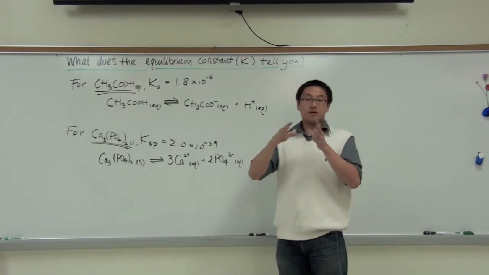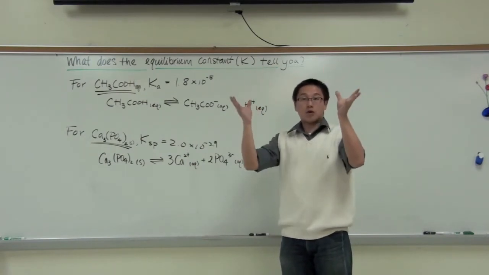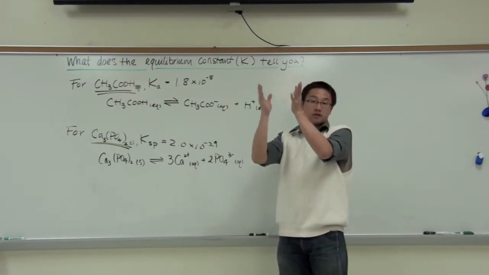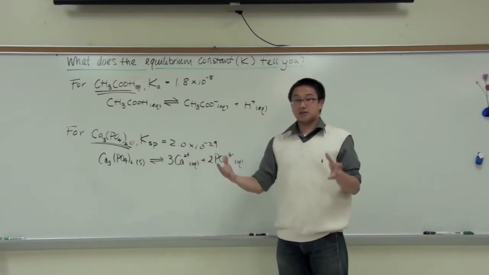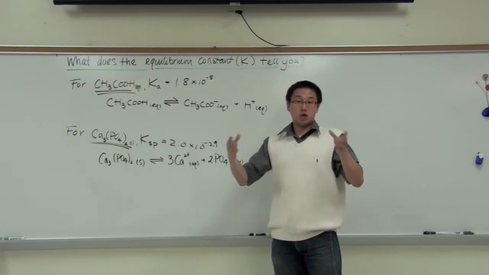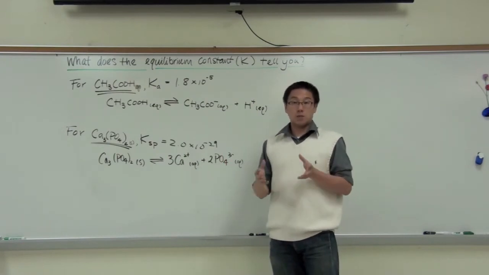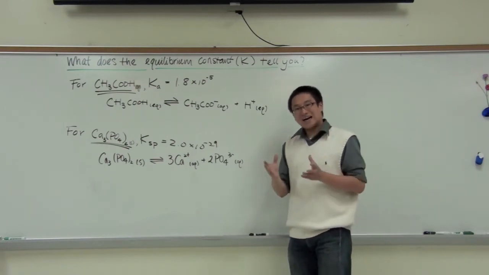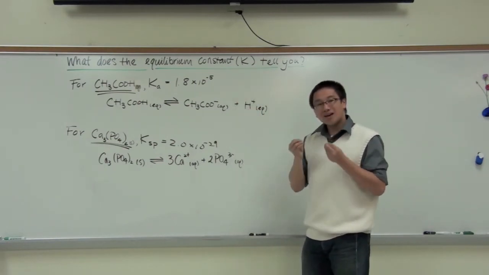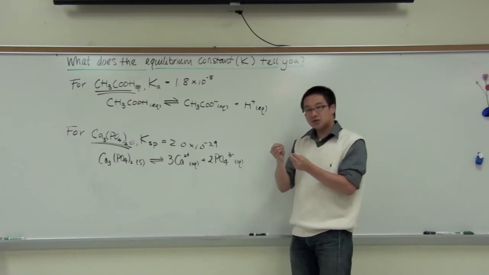If you think the other way, if the numerator, which is the product concentration, is small, the K value will be small. If the concentration of the reactant is huge, then it is going to make the K value very, very small.